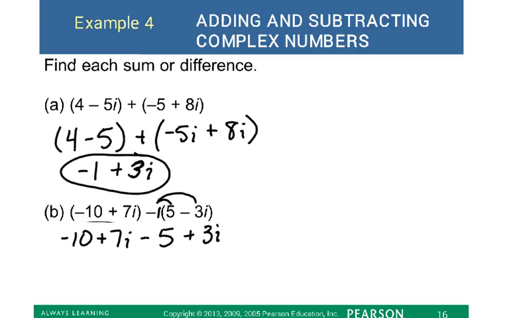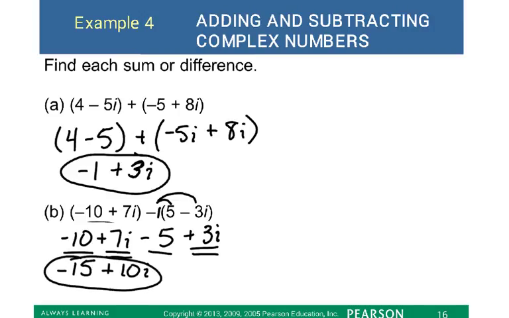So we have a negative 10 minus 5, that gives us a negative 15. So that's these two put together. And then these two put together, we end up with 7i plus 3i. That gives us plus 10i. And there we go. Our solution.